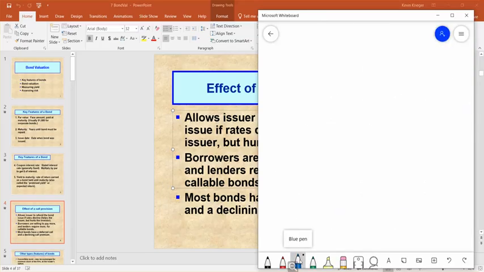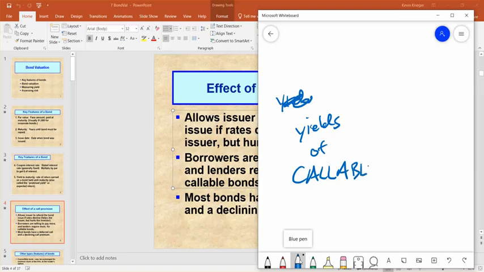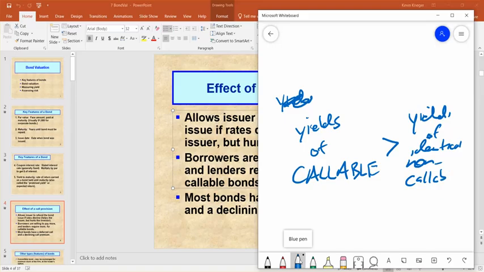And then typically, the yields, which is the coupon rate as well at the time they're issued, of callable bonds are higher than the yields of identical, except for non-callable, bonds. Why?